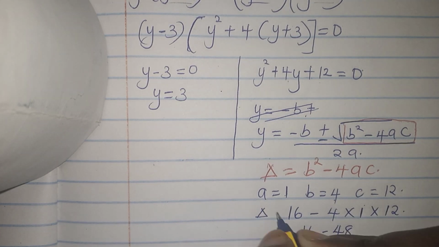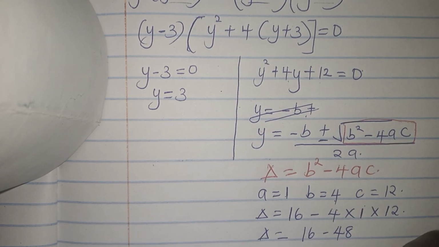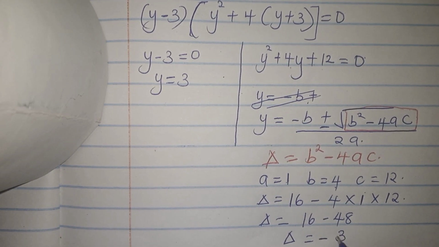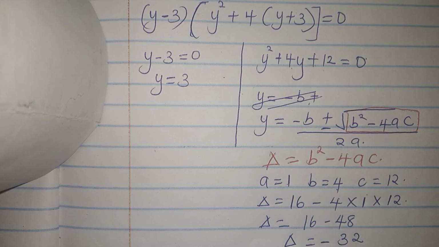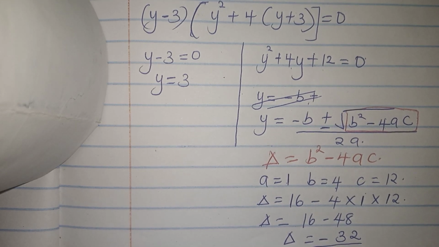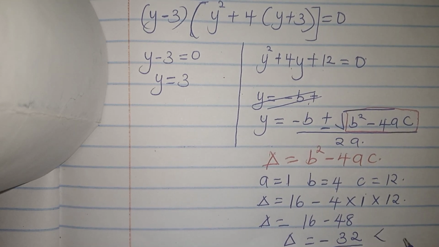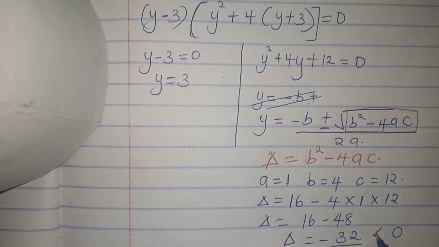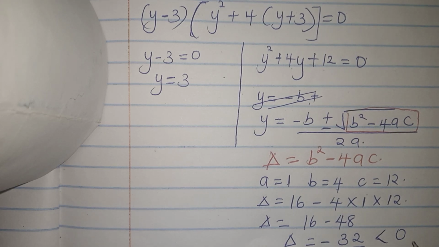So delta is equal to negative 32. So we have negative 32, which is less than 0. When our discriminant is less than 0, this means that there is no real solution.